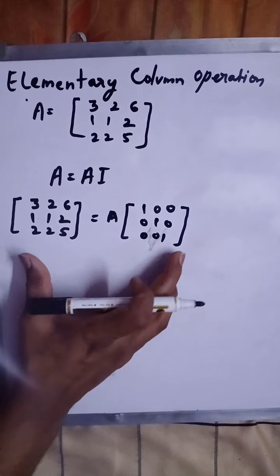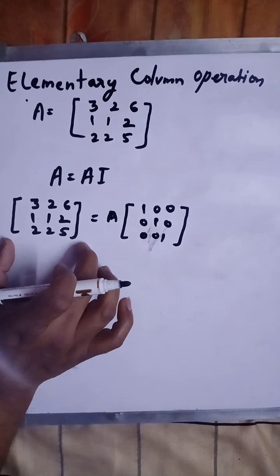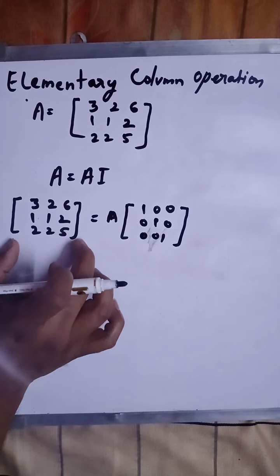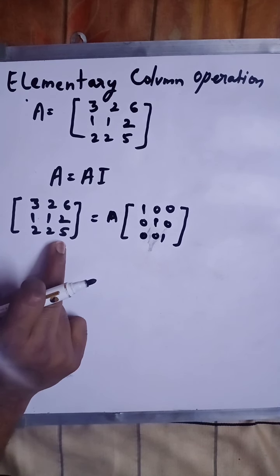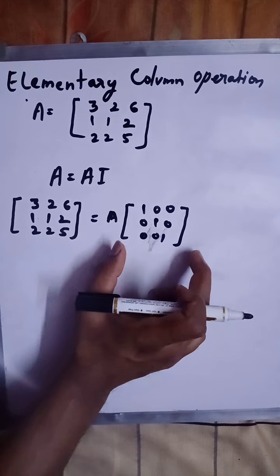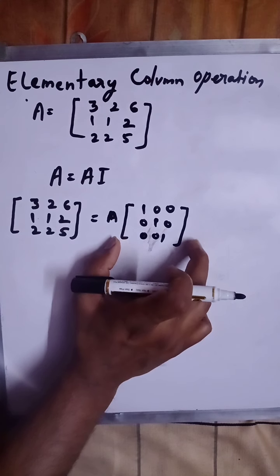So I is your identity matrix, A will remain the same here, and here you have to put the value of A. Now we have to make this matrix an identity matrix, and the operation which you apply here, you have to apply in the same way on the other matrix.